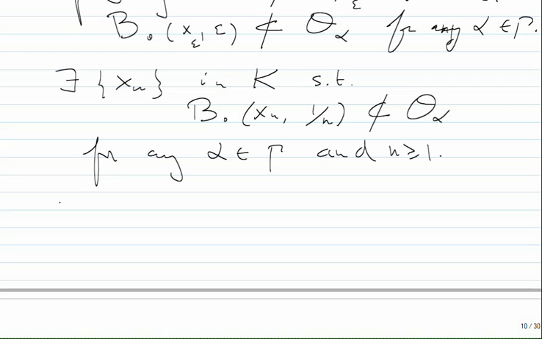Now we said that K is sequentially compact.